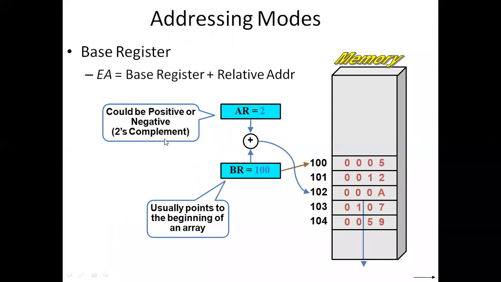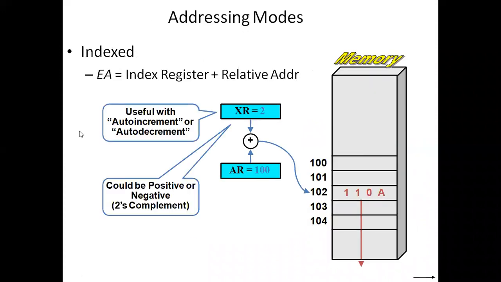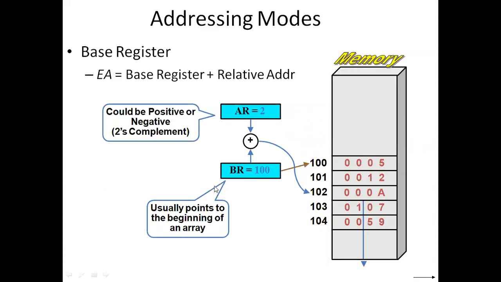Base register plus relative address. If you have understood the addressing modes I have discussed here, then these things will be easy for you. Base register plus relative address: same thing. The address in the base register, you add the relative address to it. It usually points to the beginning of an array, plus whatever relative address you are adding, then you will get the effective address.